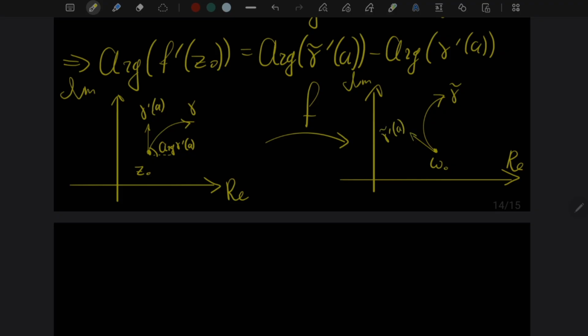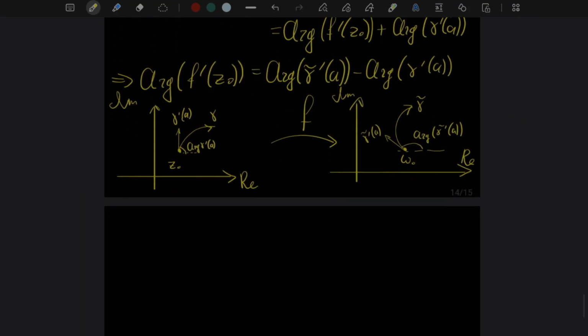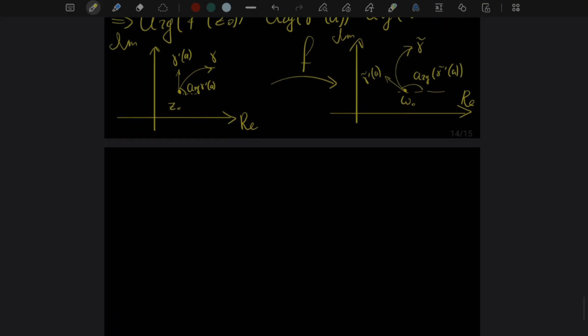This is the tangent vector to our new curve at the point A, and we look at its argument. Okay, so the argument of the derivative is the difference of arguments of our mapped curve and initial curve. So it tells us by how much the curve rotates at a certain point.